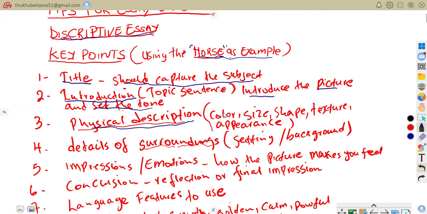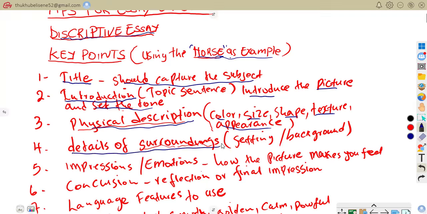When you give the description, you're going to talk about color, size, shape, texture, and the appearance of that horse. But right now we're talking about the horse.